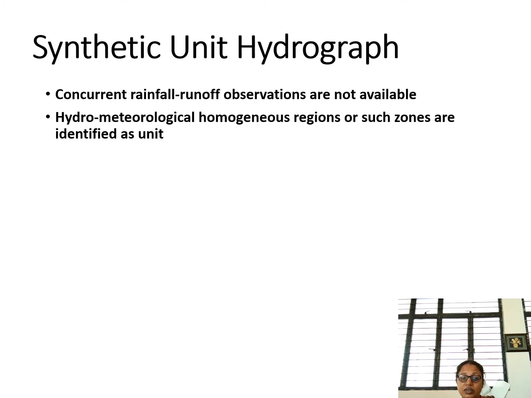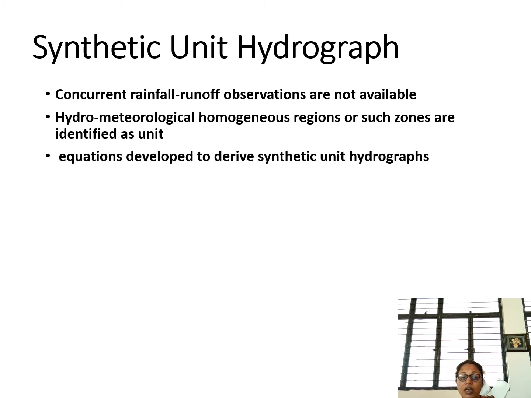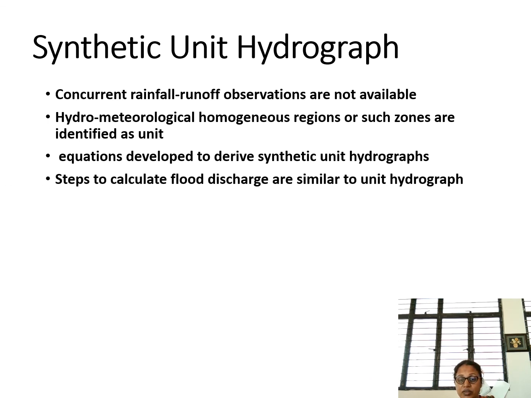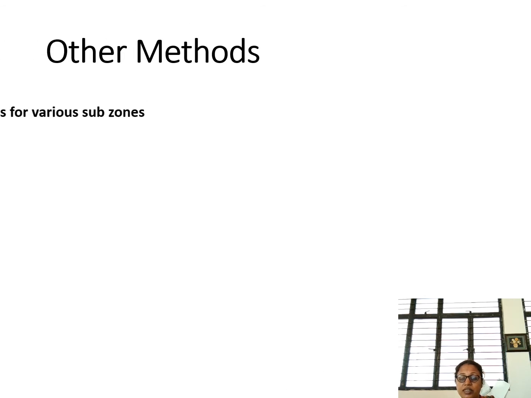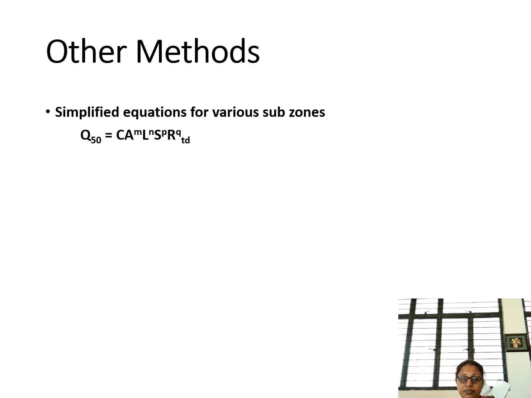And a synthetic unit hydrograph is the one wherein concurrent rainfall runoff observations are not available and hydrometeorologically homogeneous regions or zones are identified as a unit. And you have different steps to calculate the discharge.